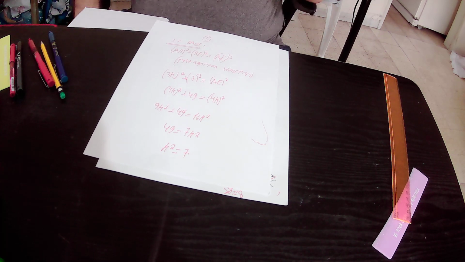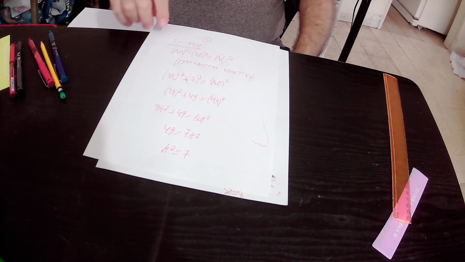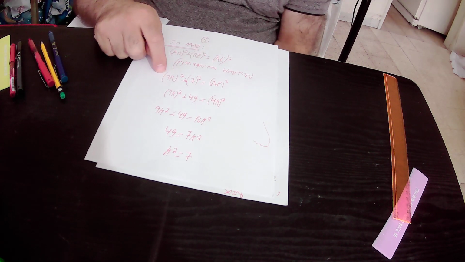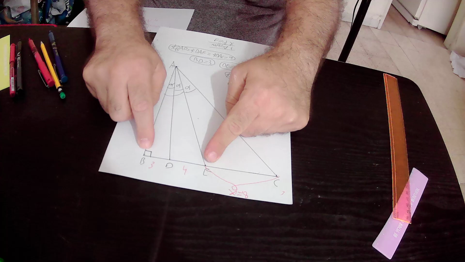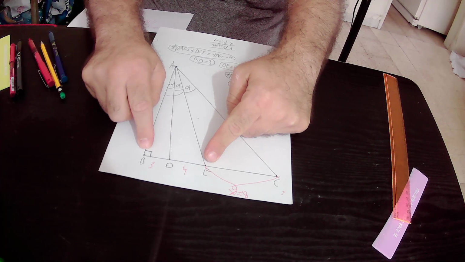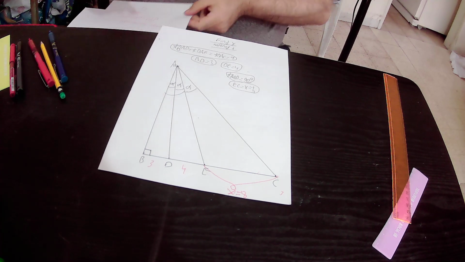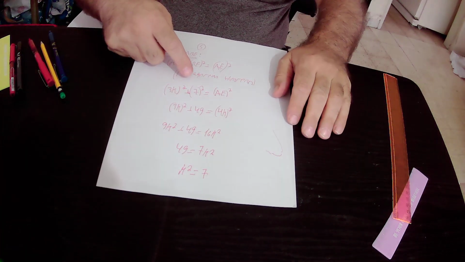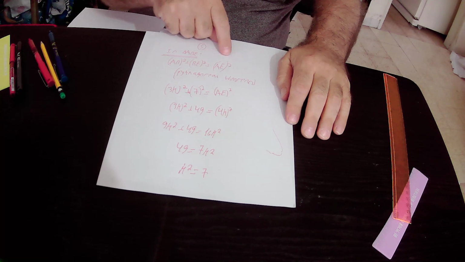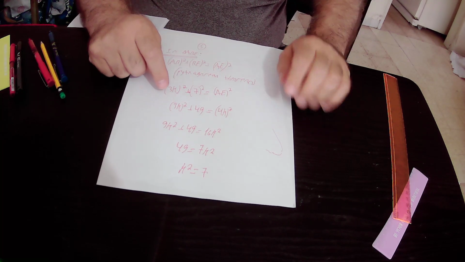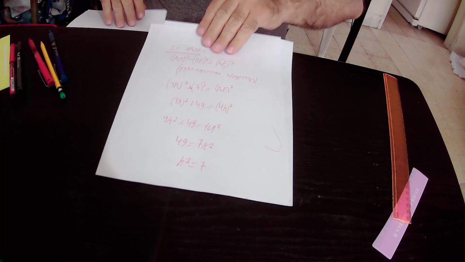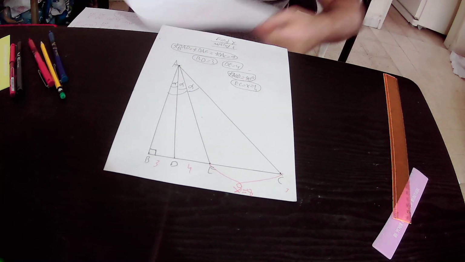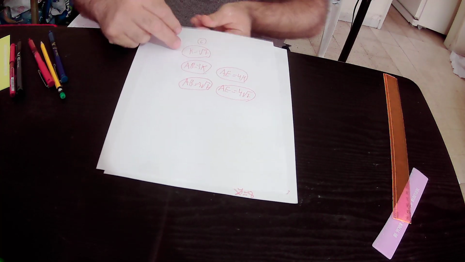AB equals 3K according to our definition, BE equals 3 plus 4, that is to say 7 units, and we have already found that AE equals 4K. So we got this equality, and we found from it that K equals root 7 units.